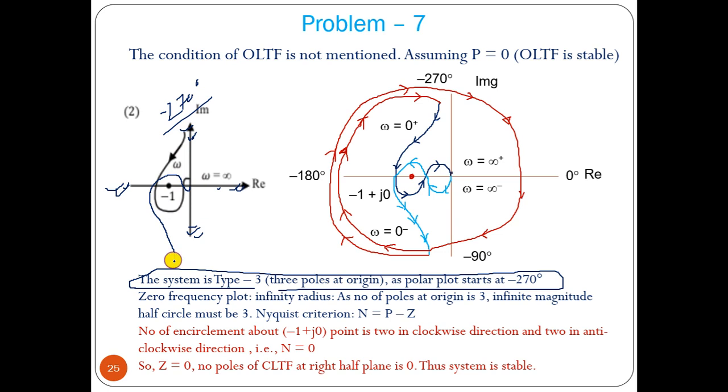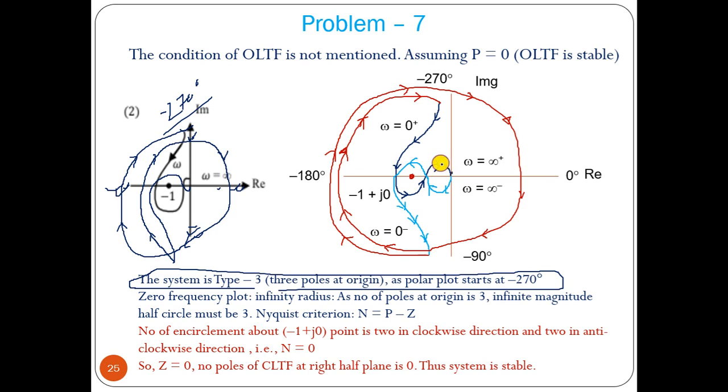So from here we have to plot 3 half circles, 1, 2, then 3 half circles in the clockwise direction. So that should be the total Nyquist plot. So this is your polar plot that is given.